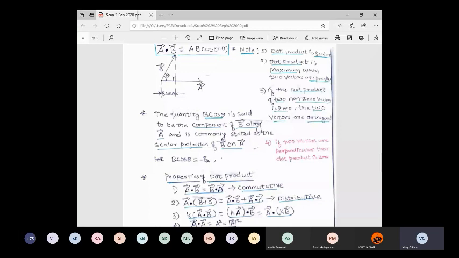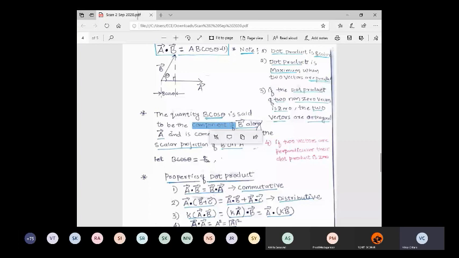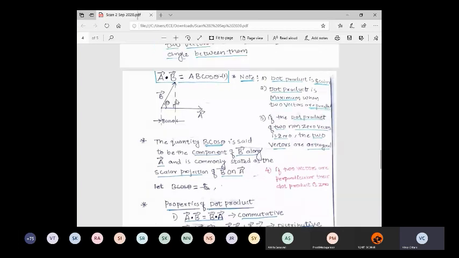Once that is clear, what we are saying is that the quantity B cos theta is said to be the component of B along A and is commonly referred to as the scalar projection of B on A. I'm trying to emphasize this point very often. These are very small things, but we'll be using them very often as we proceed towards Coulomb's law, electric field, Gauss law or divergence and all.